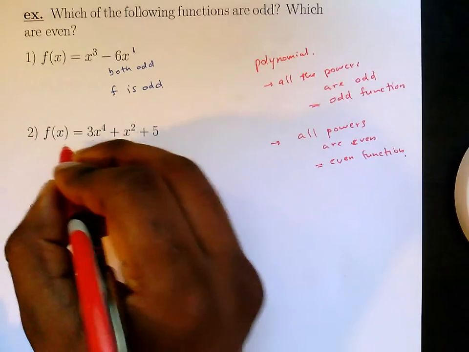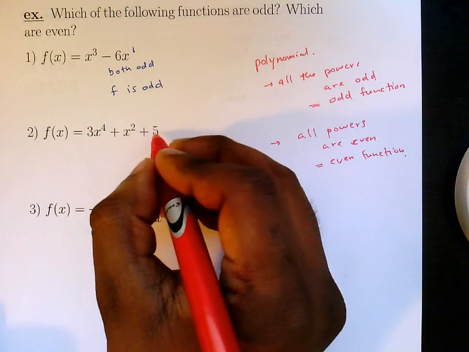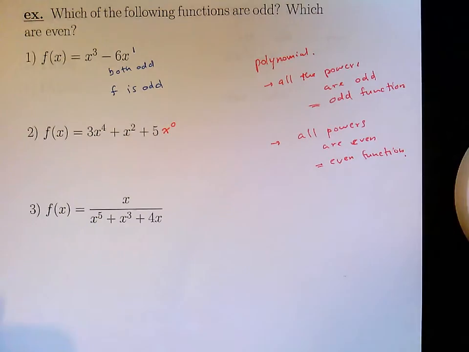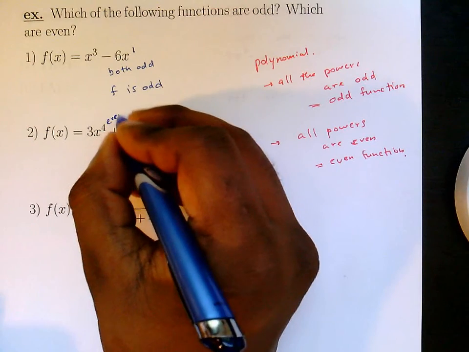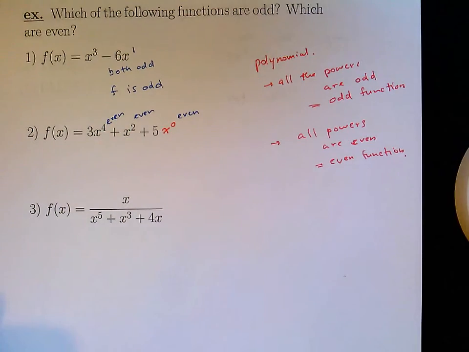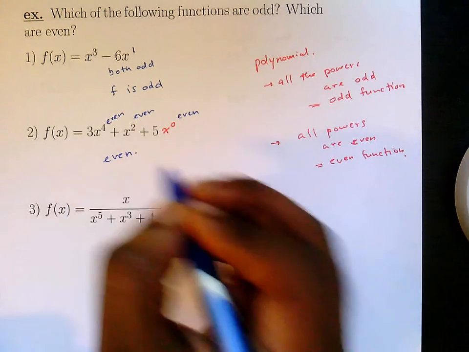Okay, and the second one, 3x to the 4, x to the power 2, and 5, but 5 can be written as 5x to the power 0. And now you can see that it's even, even, and even. Well, 0 is an even number if you're thinking about that. It's between two odd numbers. So all the powers are even, so this function is even.